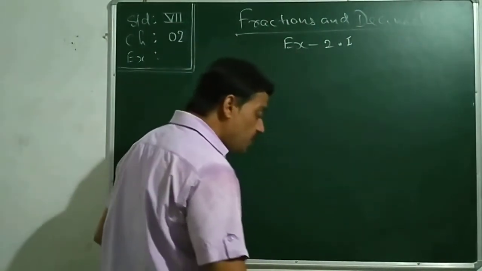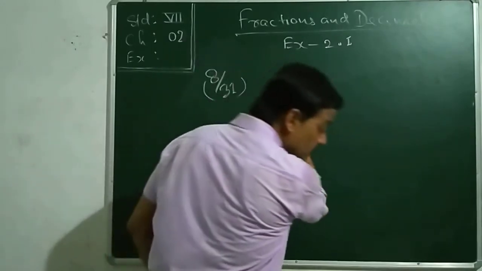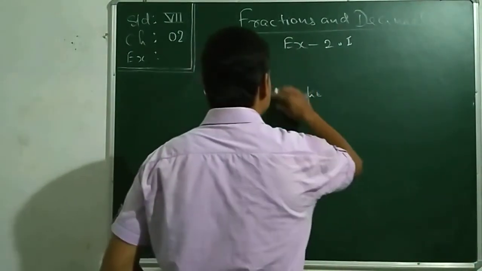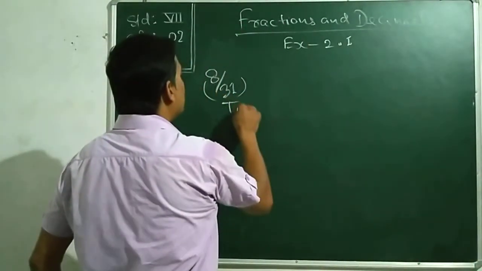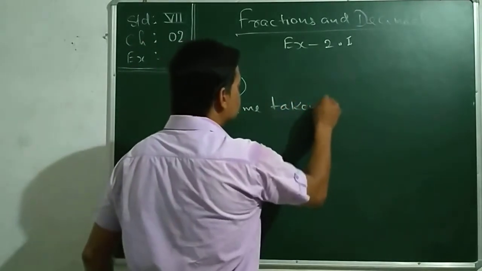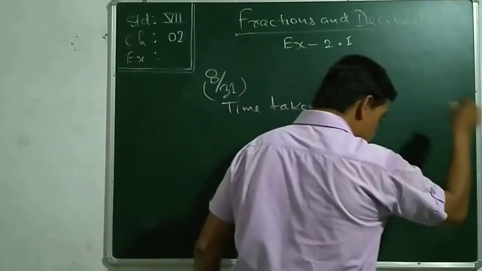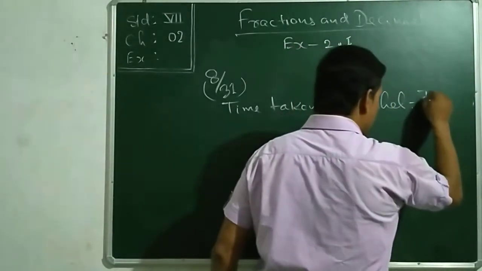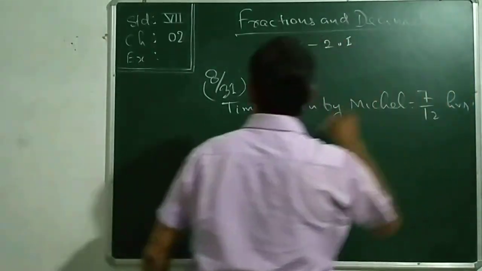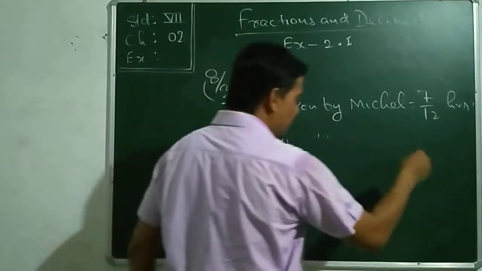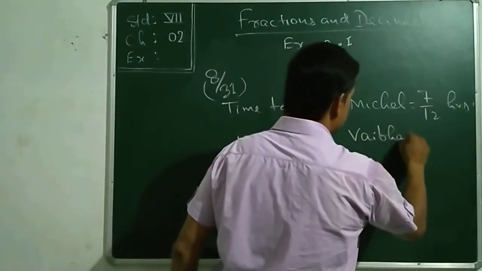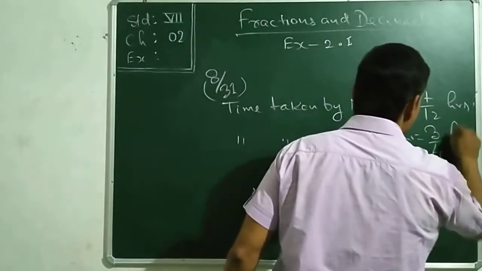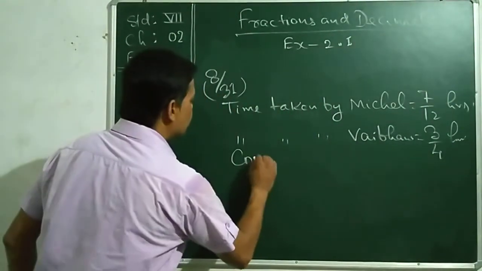So once again we will compare. Write up the language. Time taken by Michael, 7 by 12 hours. Time taken by Vaibhav equal to 3 by 4 hours. Now comparison.